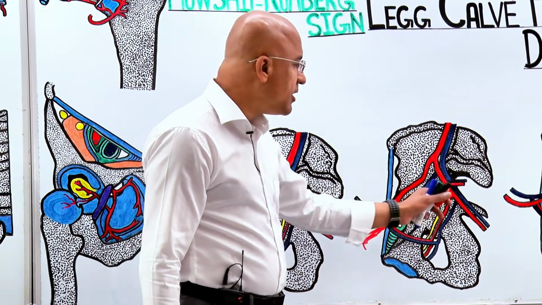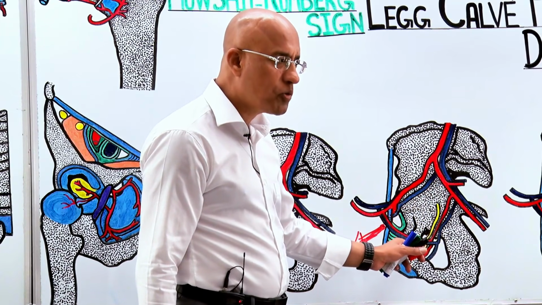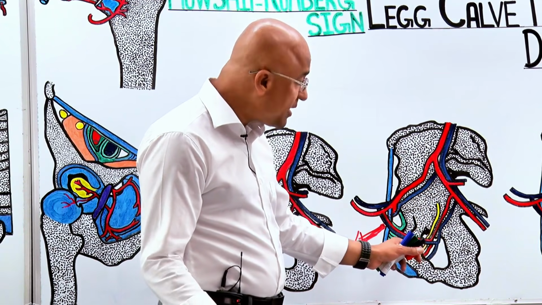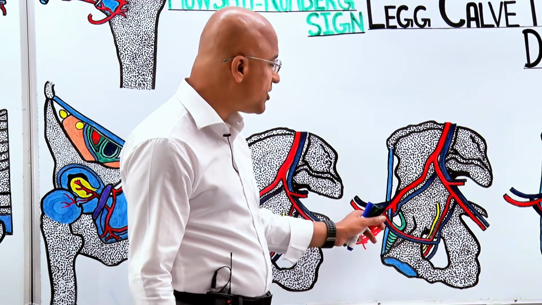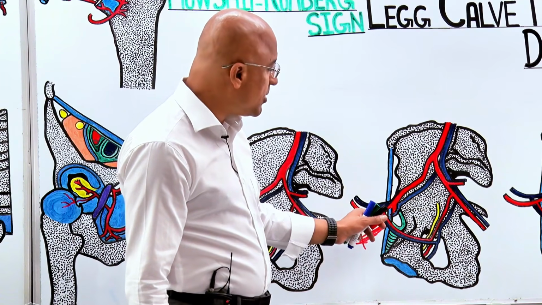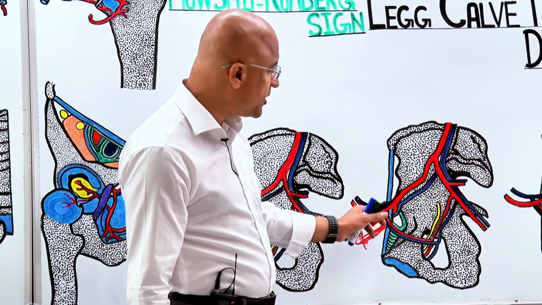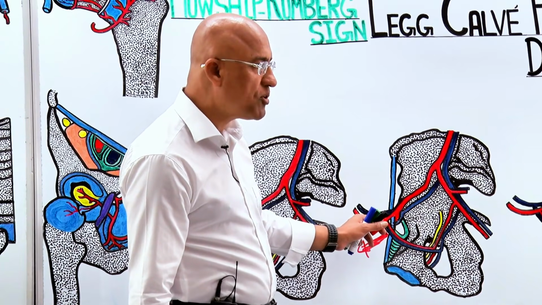So when the internal iliac system is giving the typical origin to the obturator artery, and in the same patient there is an additional origin of the obturator artery from, what is this? And how do we know this is the obturator artery?